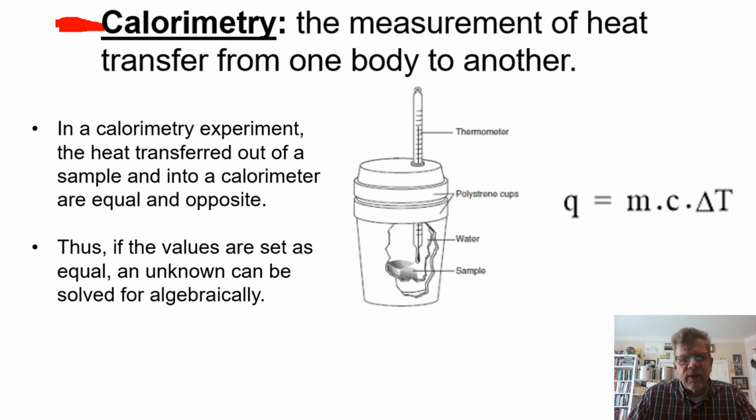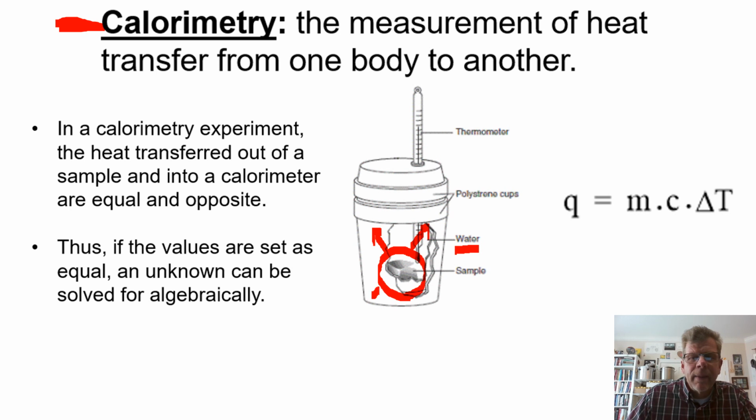Now, within these nested styrofoam cups, we have water. That is part of the system, and we put into that water a heated metal sample. Or it doesn't have to be metal, but we're going to be talking about samples being of a metal. That heated metal sample, the heat will flow into the water, which is inside the calorimeter.